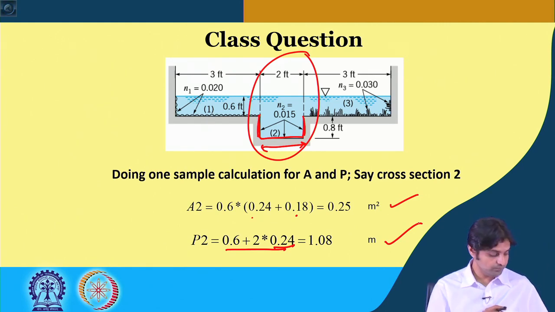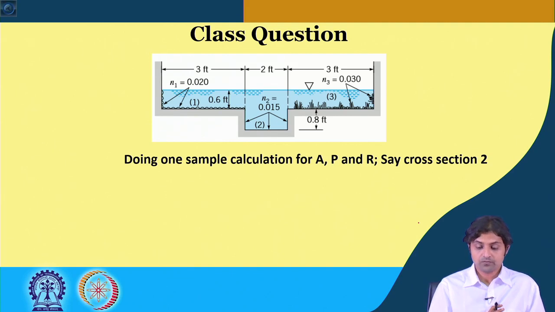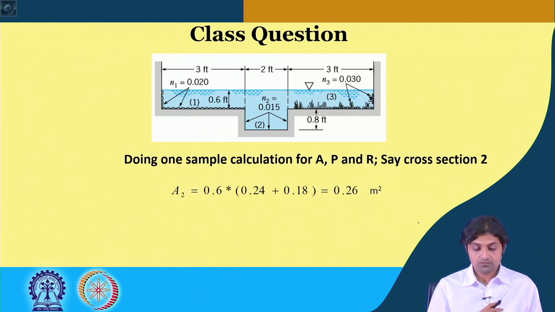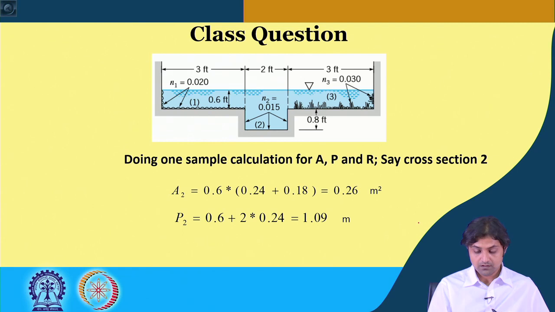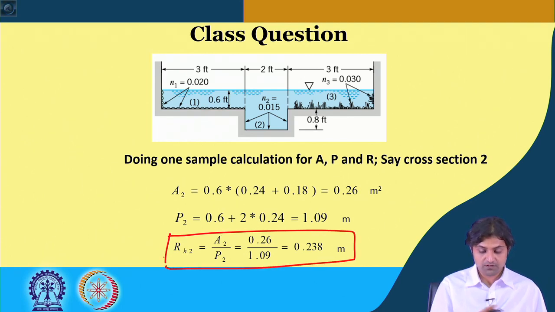All right. So, A2 was 0.26 meter square and P2 was 1.09 meter. So, hydraulic radius is going to be 0.26 divided by 1.09, which comes out to be 0.238 meter. All right.